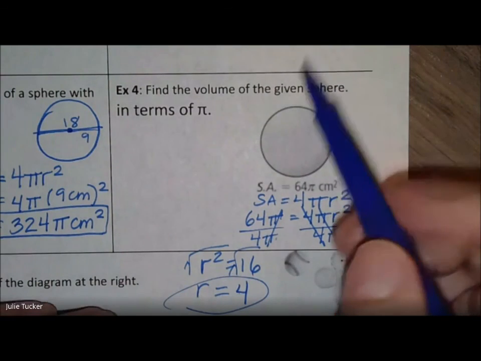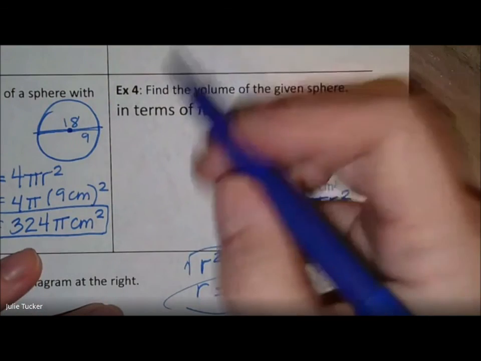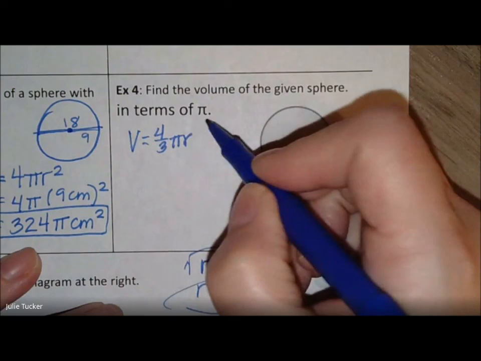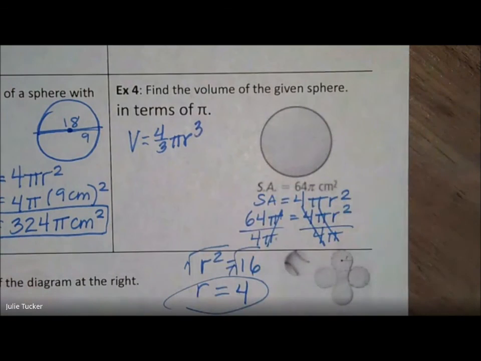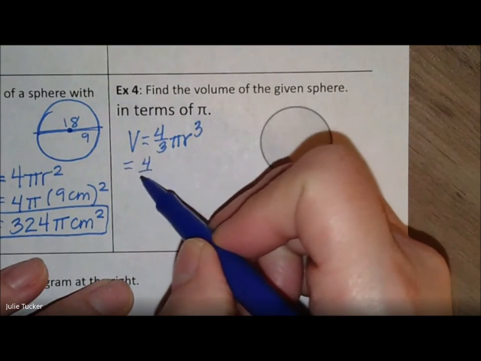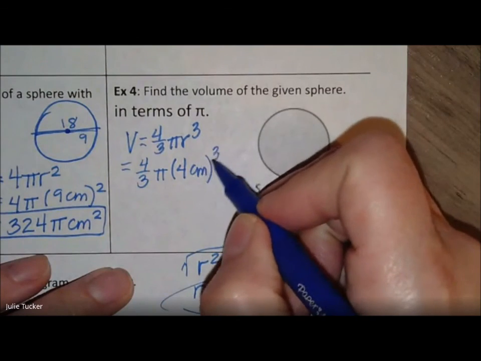We were asked for the volume in terms of pi. So volume equals 4/3 pi r to the third. So this equals 4/3 pi 4 to the third, and it's centimeters to the third.